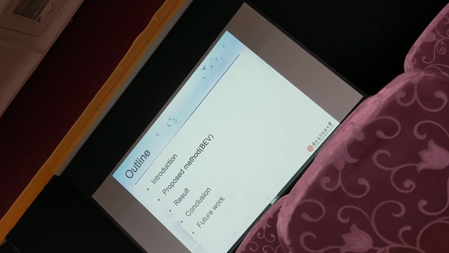I will begin with an introduction to the topic of my presentation. After the introduction, I will present the flow chart for specification. Next, I will explain the principle of inverse bird's-eye view transformation, followed by showing the result of the first bird's-eye view transformation.